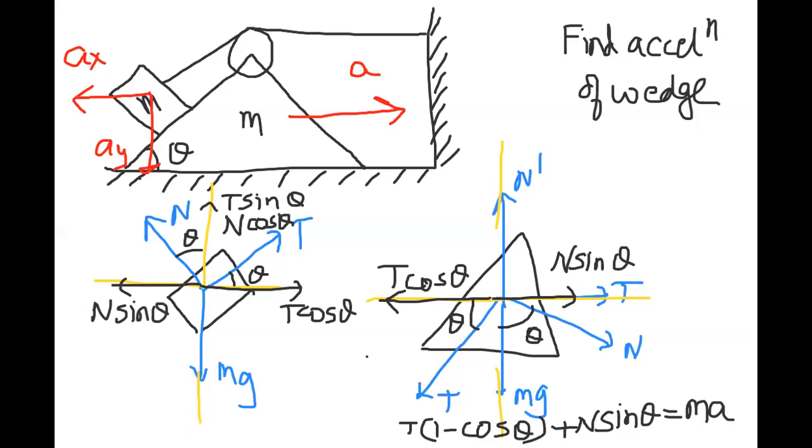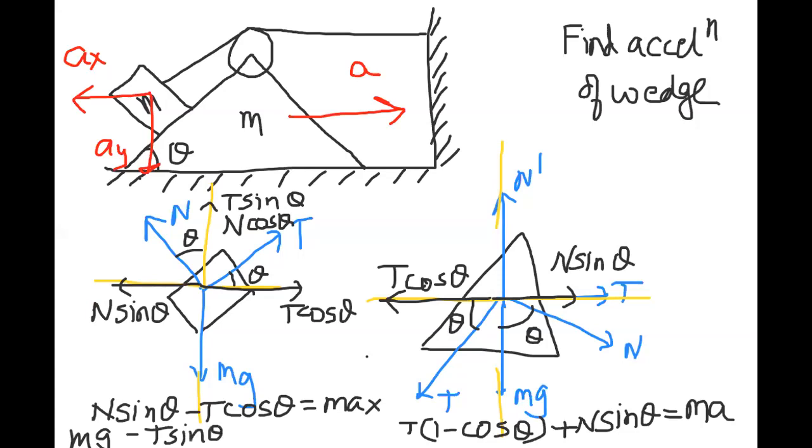So along the x-axis, I'm going to get N sine theta minus T cosine theta is equal to m a_x. And along the y-axis, I'm going to get mg minus T sine theta minus N cos theta is equal to m a_y. How many equations are these and how many unknowns do we have?